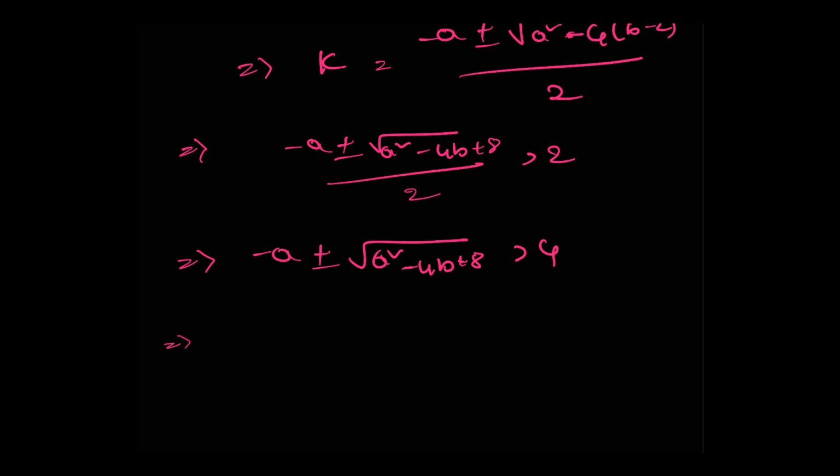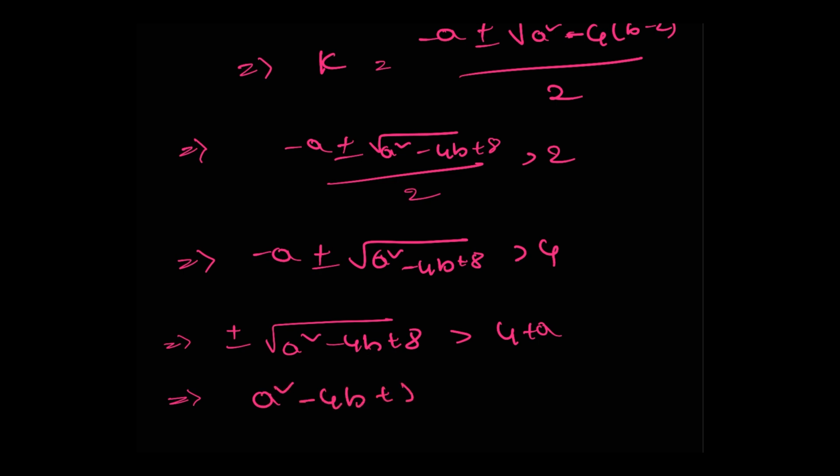That implies plus or minus root over a square minus 4b plus 8 should be greater than 4 plus a. Squaring on both sides, we get a square minus 4b plus 8 should be greater than a square plus 16 plus 8a.